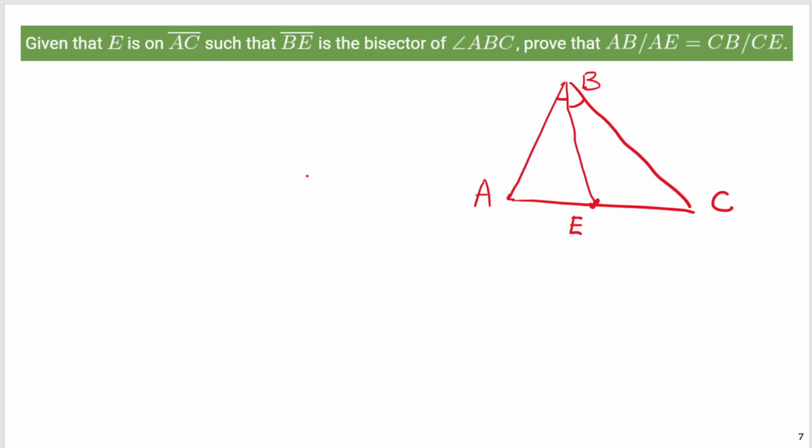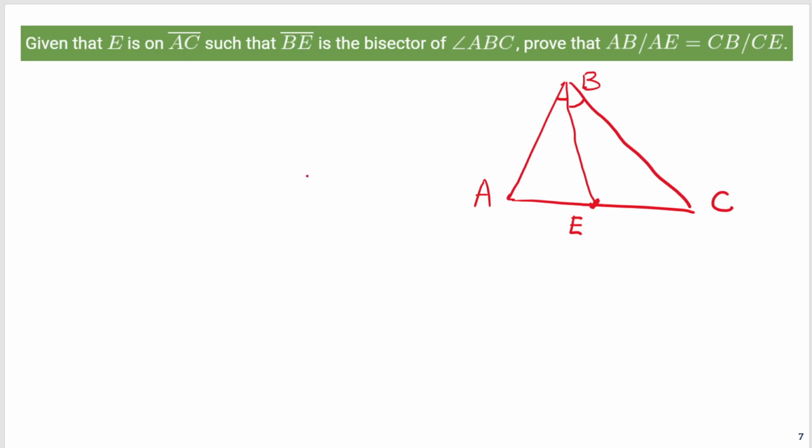So if you can find another pair of angles, then you can find a pair of similar triangles. Of course, from this diagram itself, we cannot find another pair of equal angles, right?